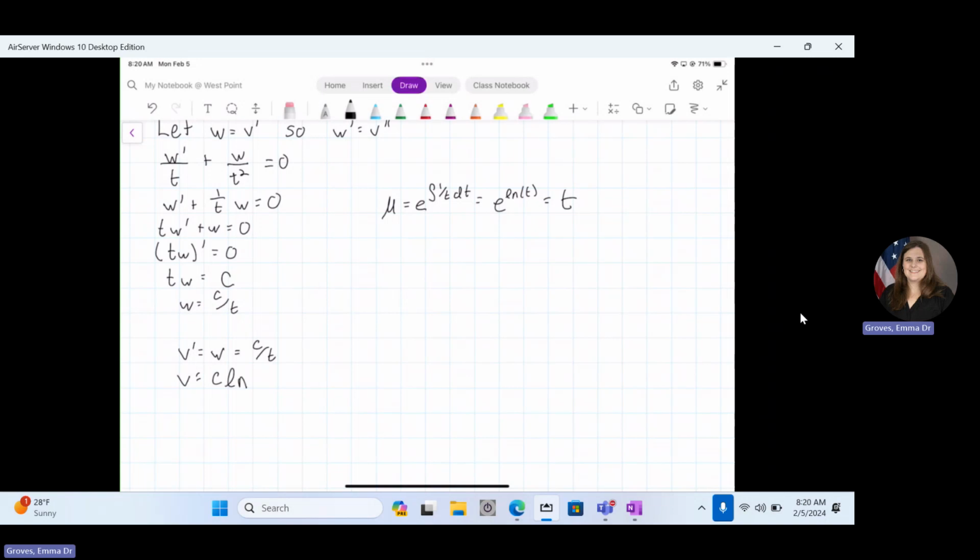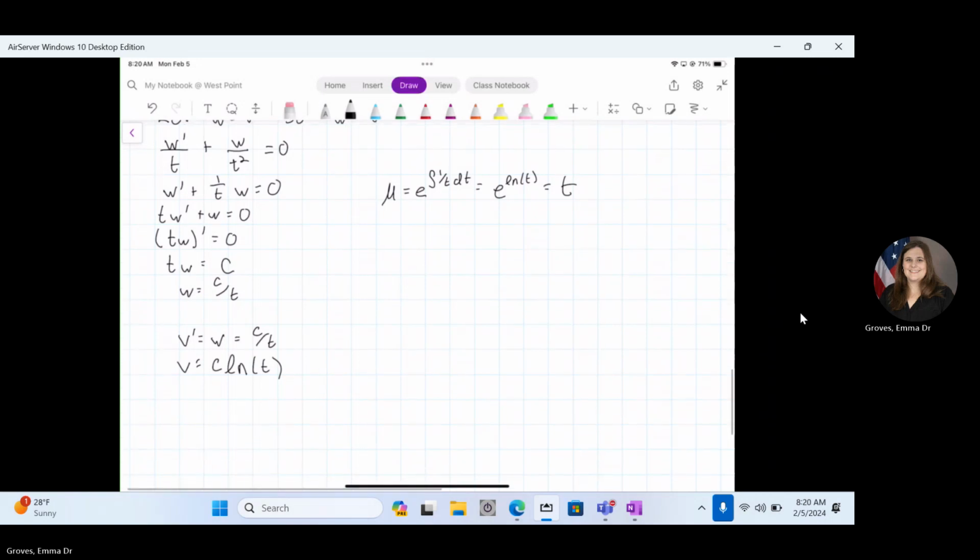So C natural log of T. And then what was the relationship between Y2 and V? Y2 is V times Y1, which is 1 over T. Perfect. So Y2 is going to be C natural log of T all over T.